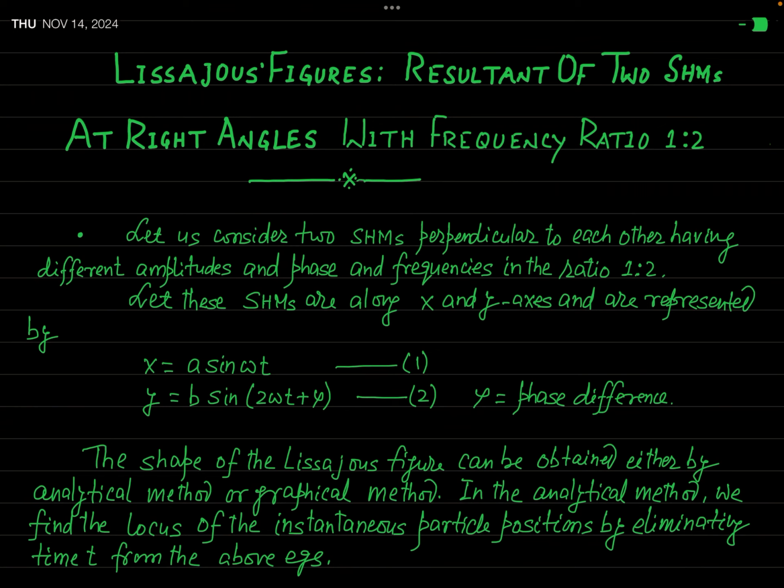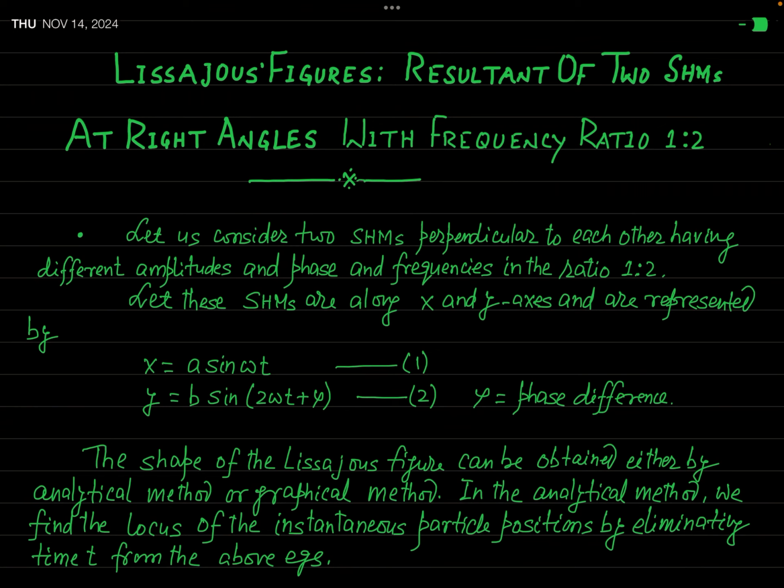In the same way, today we are going to discuss the problem of Lissajous figures again, but in this case we are going to see what type of Lissajous figures will be observed when the two oscillations acting at right angle are of different frequencies.